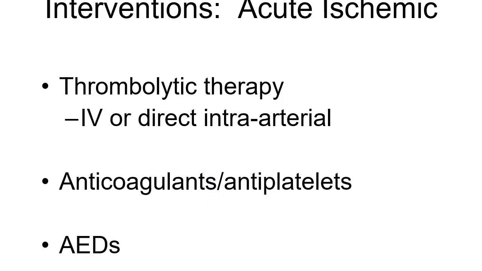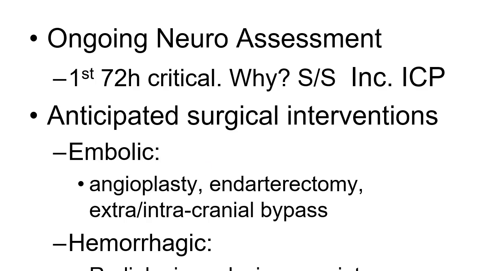So for acute ischemic strokes, thrombolytic therapy, with all of the issues that we talked about when it came to thrombolytics for coronary issues. Anticoagulants, antiplatelets, many of our patients will be on a heparin drip. Anti-epileptic drugs, because of the damage to their cerebral cells, might have seizures or be at risk for seizures. Your ongoing neuroassessment, the first 72 hours, are critical because that is when the stroke can extend, when the intracranial pressure can increase.